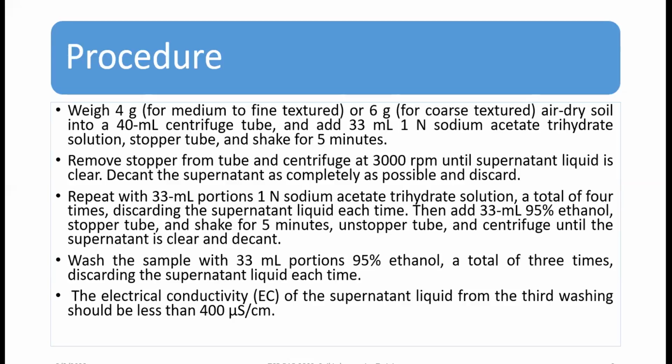Then remove the stopper from the tube and centrifuge at 3000 RPM until the supernatant liquid is clear. Then decant the supernatant as completely as possible.